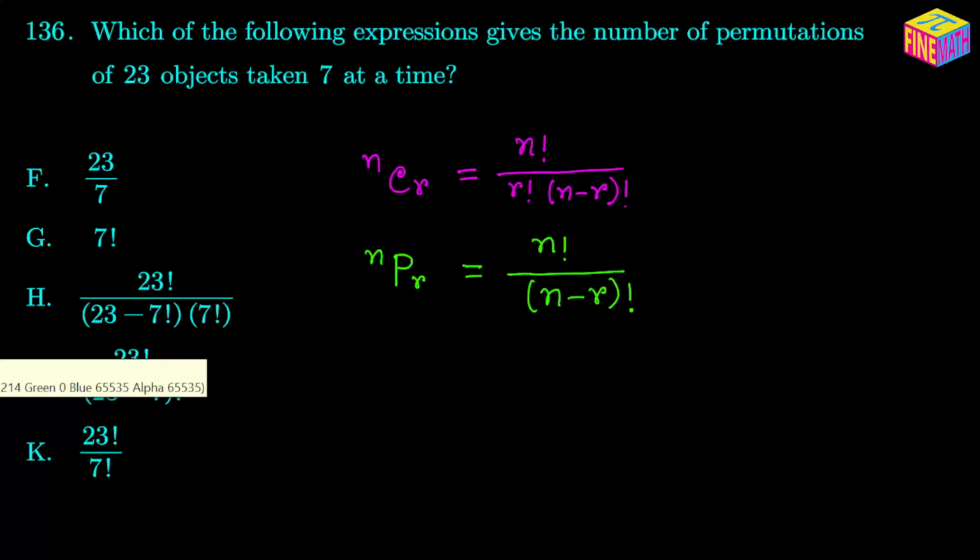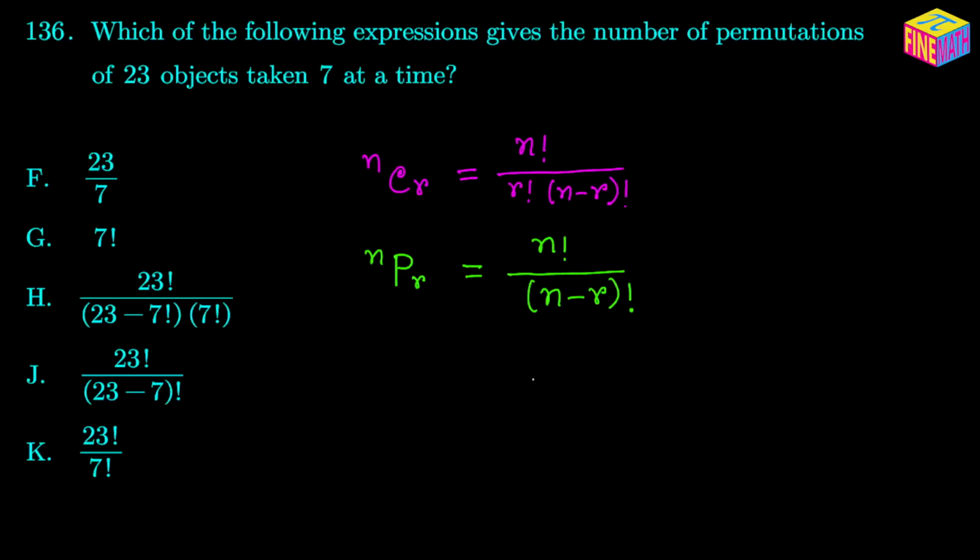The first one tells us how many different ways we can choose R objects from a set of n objects. That is represented by the nCr formula, which is n factorial over R factorial times n minus R factorial. And the formula for nPr tells us how many different ways we can arrange R objects from n objects.